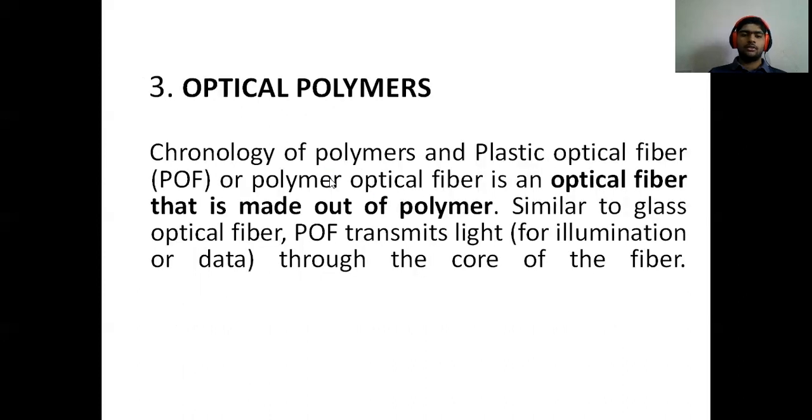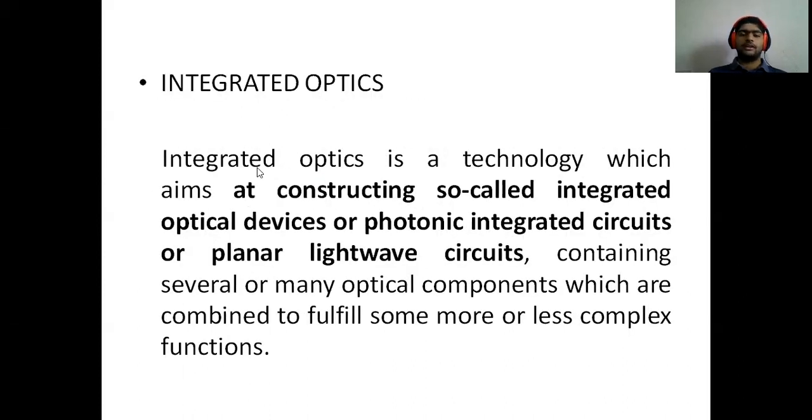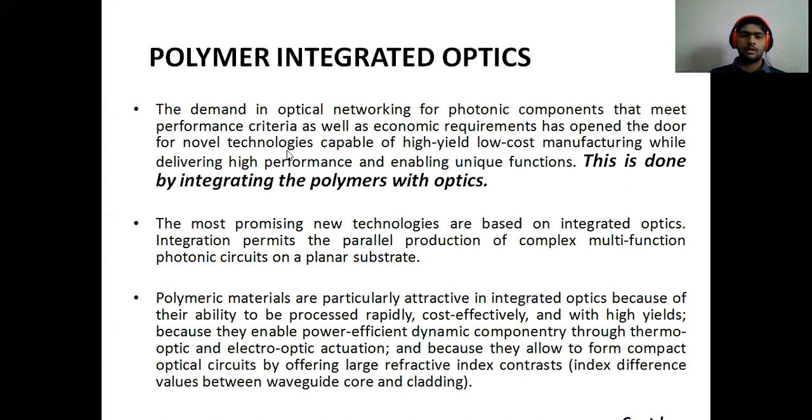Integrated optics. What is integrated optics? Integrated optics is a technology which aims at constructing so-called integrated optical devices or photonic integrated circuits or planar lightwave circuits containing several or many optical components which are combined to fulfill some more or less complex functions.